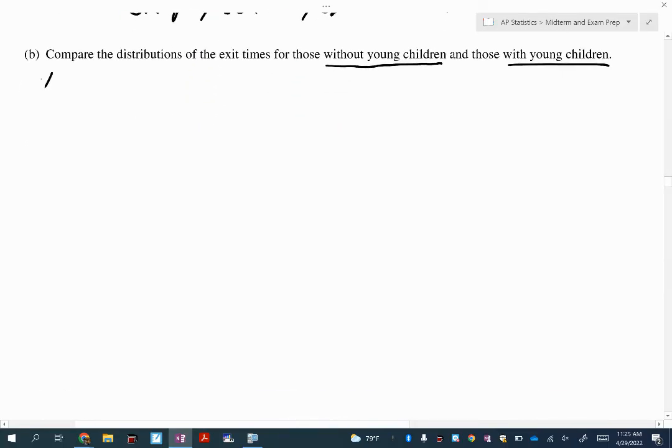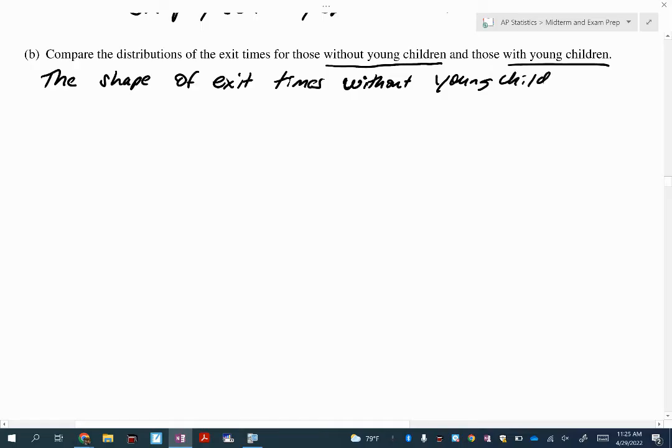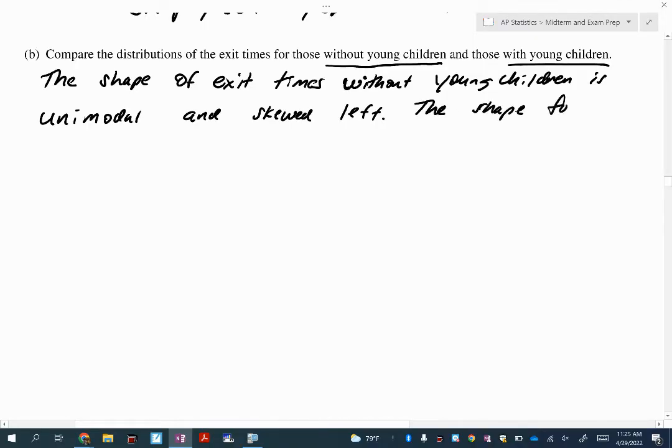All right, so the shape of exit times for without young children is unimodal and skewed left. The shape for with young children is unimodal and roughly symmetric.